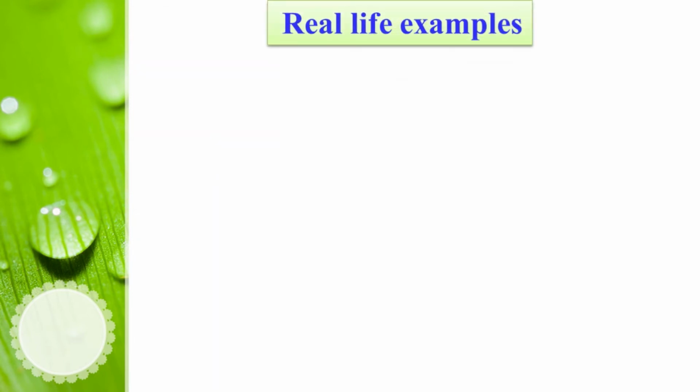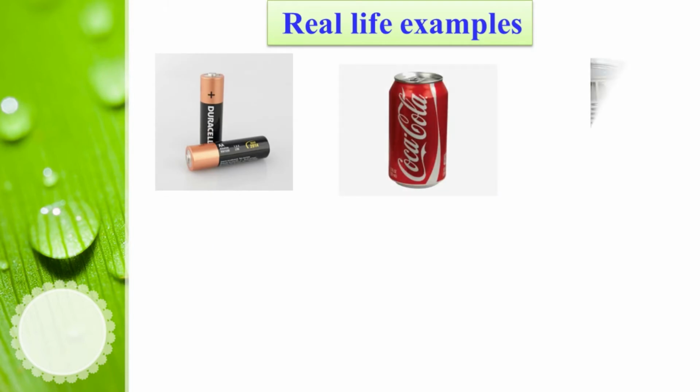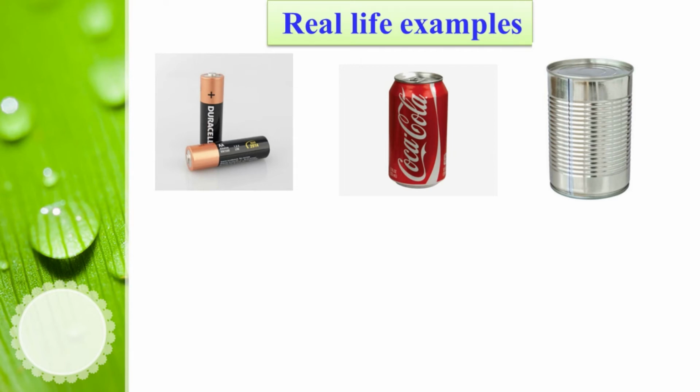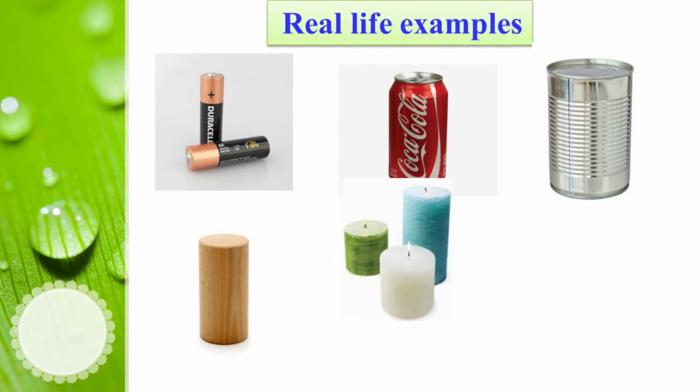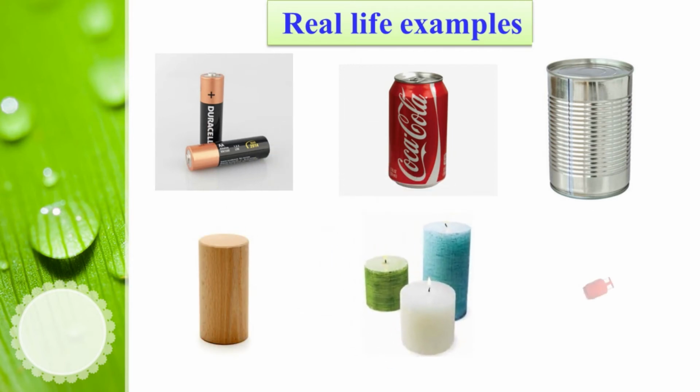Some real life examples for cylinder are battery, Coca-Cola tin and the container, wooden block, candles and the cylinder which we use for cooking, the gas filled cylinder.